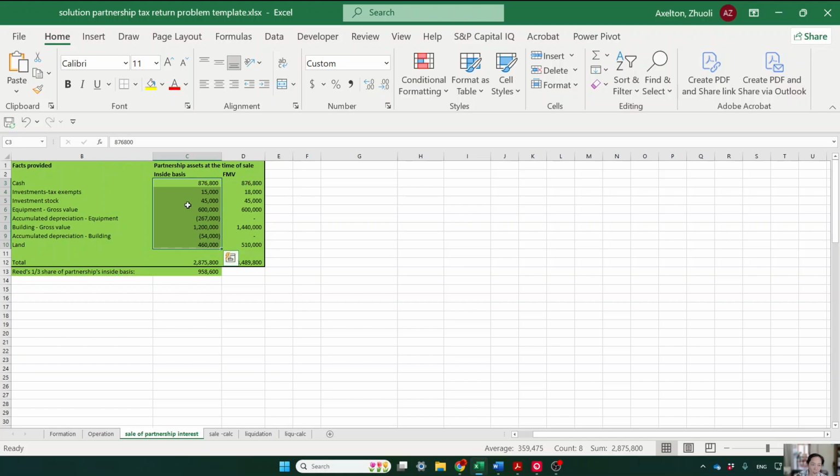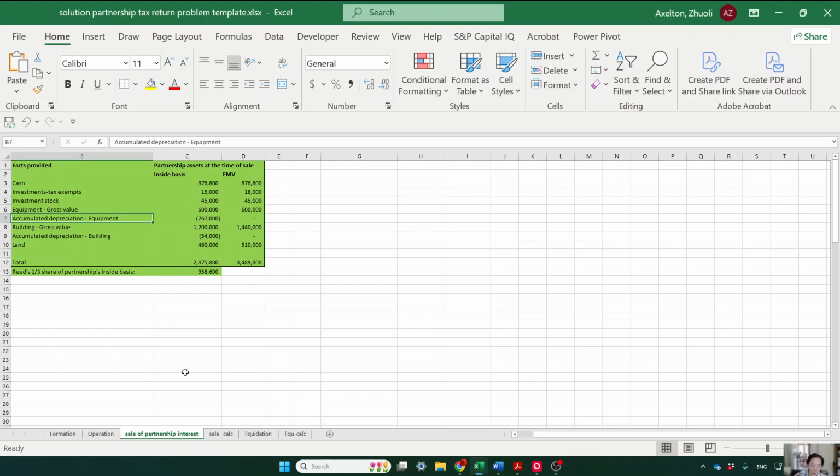The reason is that we have to capture any hot assets, even though for the purpose of a sale of partnership interest, no assets are transferred from the partnership to the partner. But for the calculation of the gain or loss on the sale, we need to take a look at all the assets within the partnership to figure out which portion of the gain is ordinary and which portion of the gain is capital.